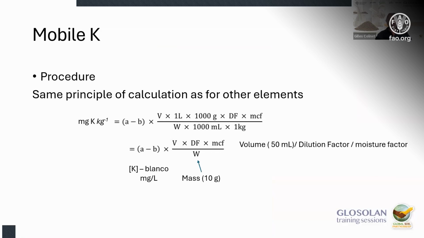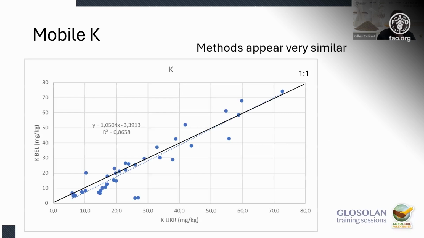The main principle of calculation is the same as the other one: the reading minus the blank, multiplied by the volume, the dilution factor, the moisture factor, and divided by the mass. We made a comparison between the Ukrainian results and our method, and you see that they are almost identical.